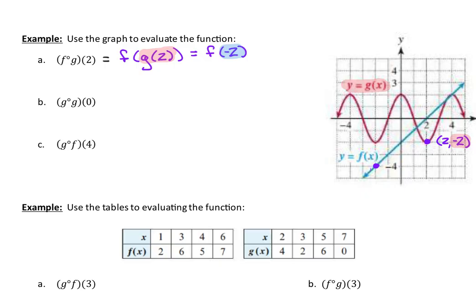And when we find this point, it is negative 2, comma, negative 4. And so what we have here is f of negative 2 equals negative 4. And so what we have here is this entire thing is equal to negative 4.